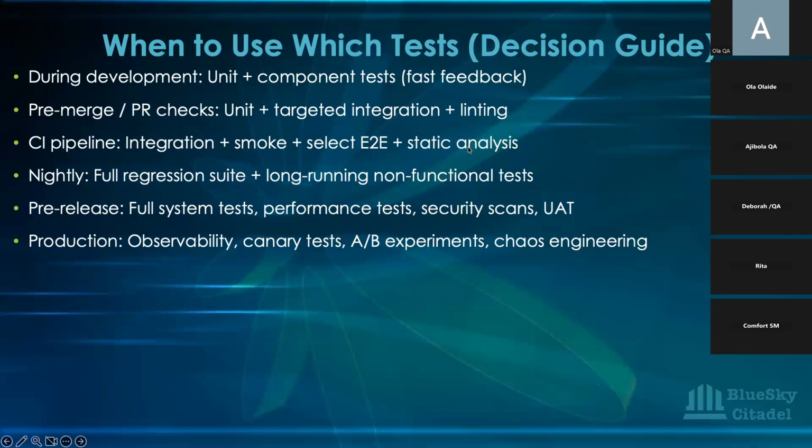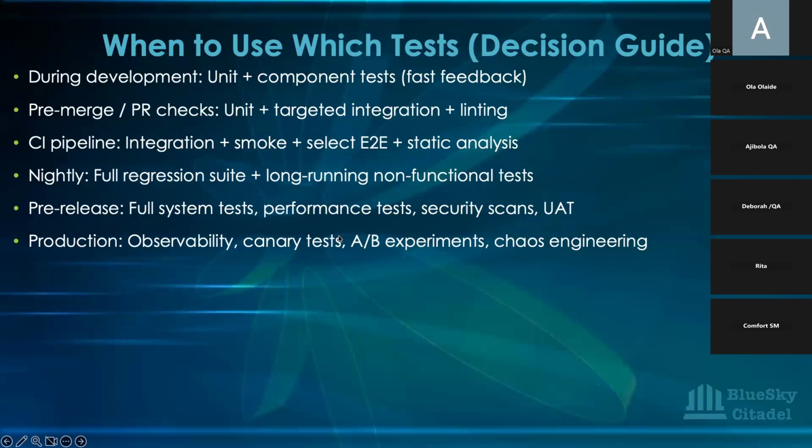This static analysis is generally available in any CI/CD pipeline, so you can detect errors in code, syntax highlighting and the like. And we have nightly, so there's a build called nightly build. With nightly, we just do full regression testing, and we do some long-running non-functional testing like performance testing.